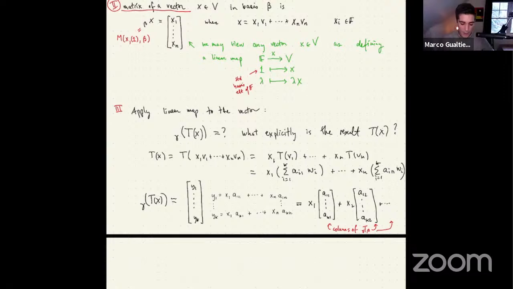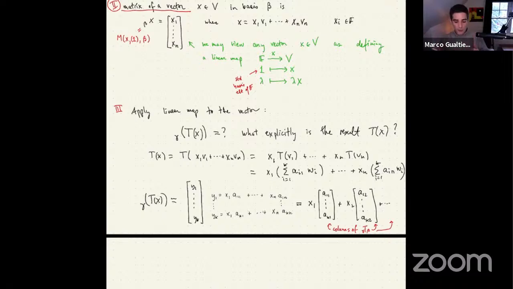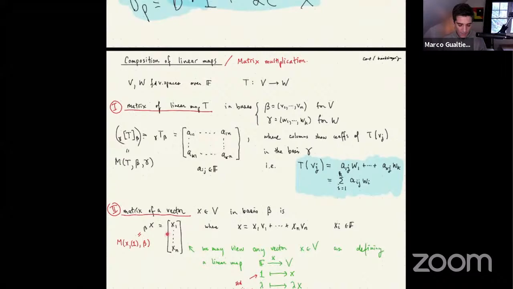The point is that T is represented by a matrix which has these entries Aij, and X is represented by a column matrix, x1 up to xn. And when I apply T to X, the resulting vector can be expressed in terms of the data of T and the data of X.